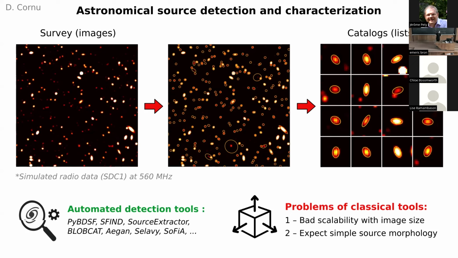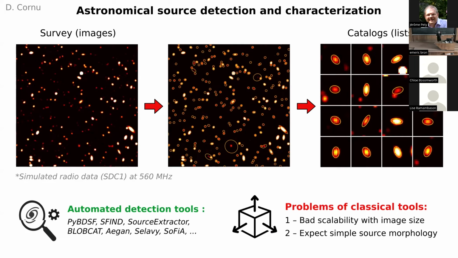And they most of the time expect a relatively simple source morphology, so they are trying to decompose the sources into single Gaussian or sometimes a few Gaussian components, which might impair the characterization of more complex morphologies.